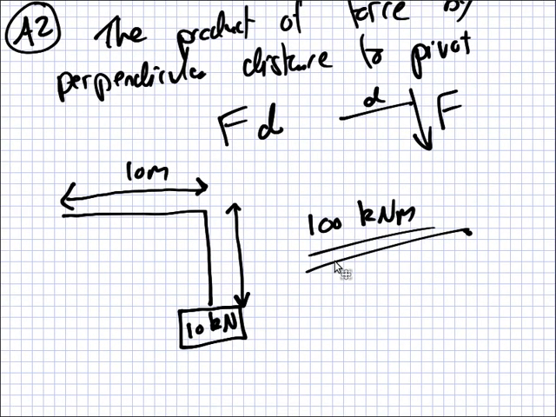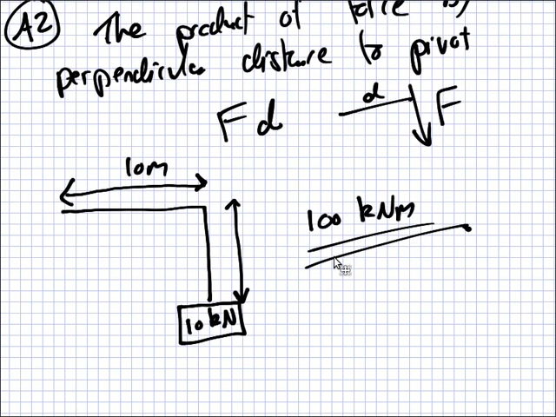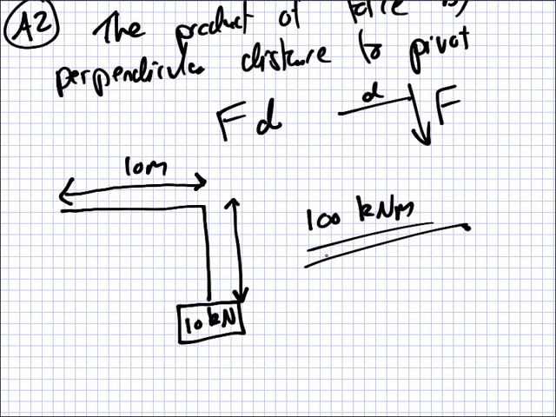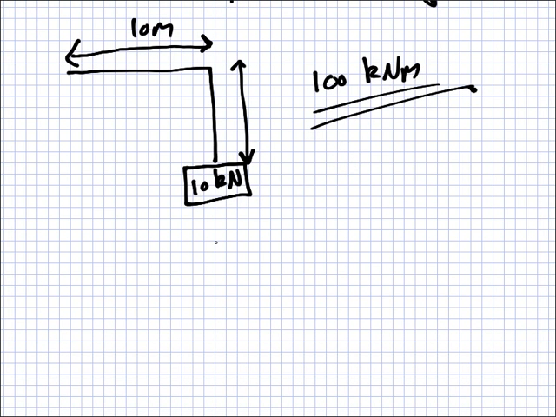If 10 kilonewtons is the maximum load that can be safely lifted when d is 30 meters, determine the maximum safe value of d when the crane is lifting a load of 20 kilonewtons. Say that again.